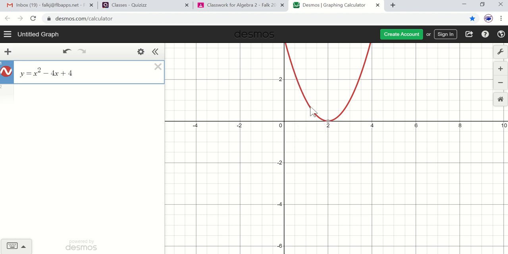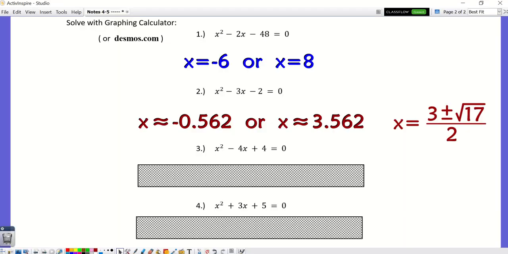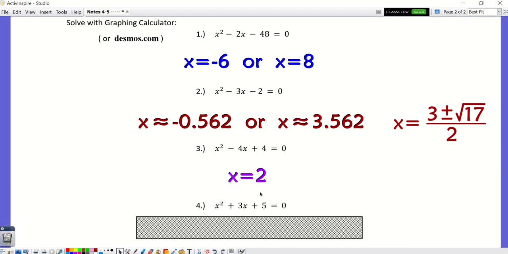It clips the x-axis and then goes right back up. So it's only touching the x-axis at one point. This is what the parabola looks like when the equals 0 version of a quadratic equation only has one answer. The only x-intercept is 2, and so we end up with that answer.